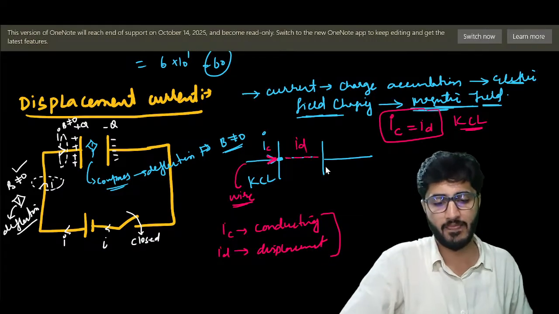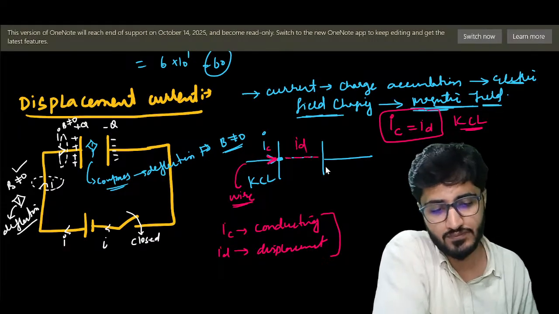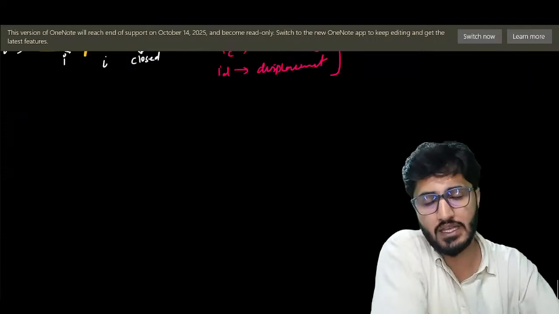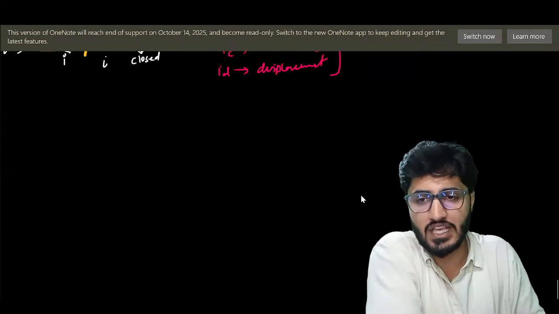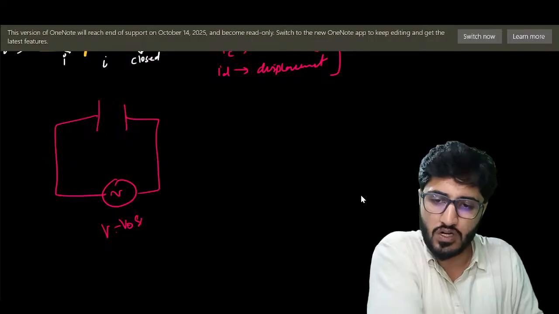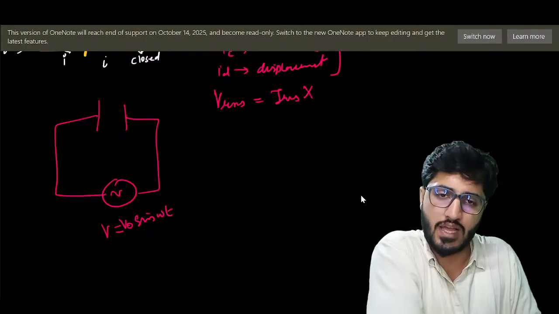Now if my incoming source is AC, we are not dealing with DC now, we are dealing with AC. If V equals V naught sine omega t, we know that V RMS equals I RMS into XC.